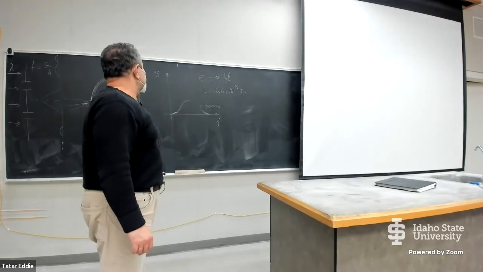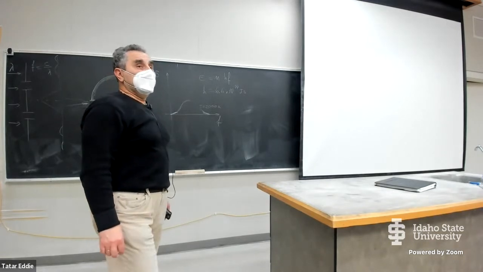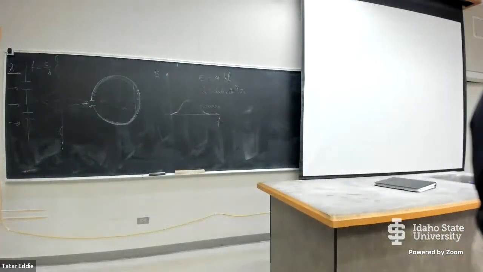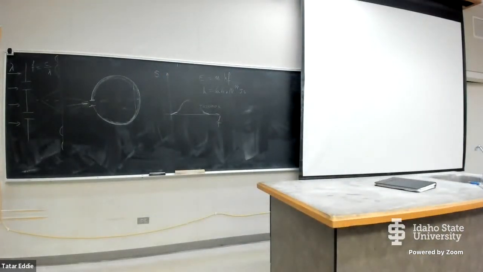So this solution of the black body spectrum problem was offered in early 20th century by Max Planck. And he considered it initially as a purely mathematical trick to get the right answer, the answer that is consistent with the observations.